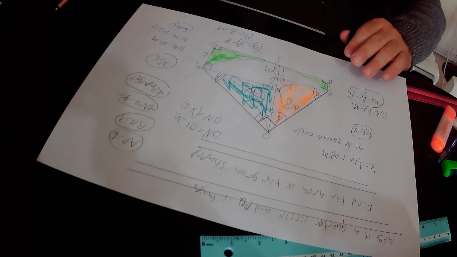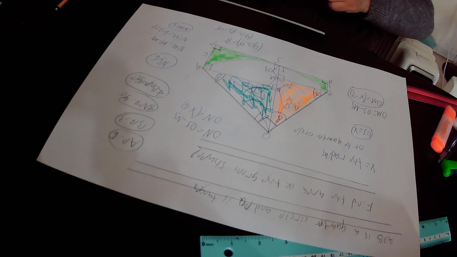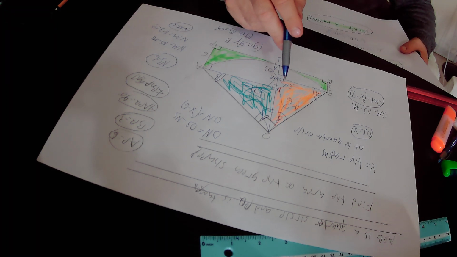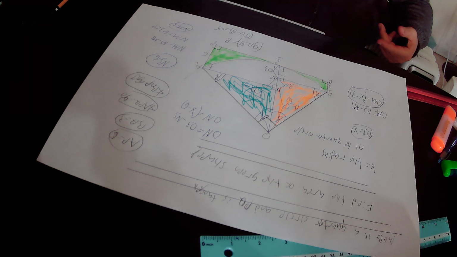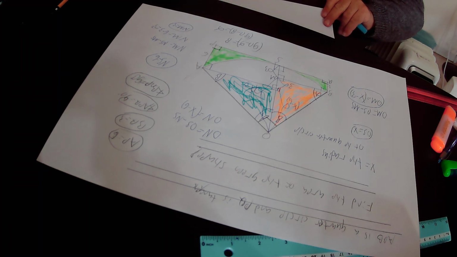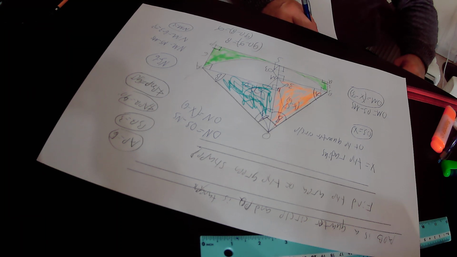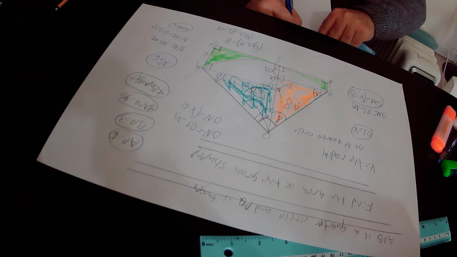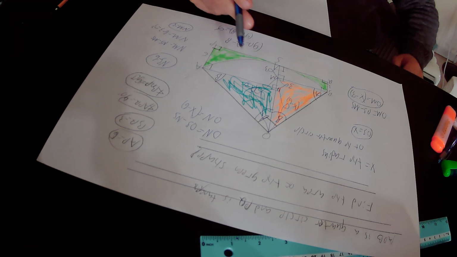So we prove that the orange triangle is congruent to the blue triangle. So I write it down. We prove that the right orange triangle OBM is congruent to the right blue triangle ONA.